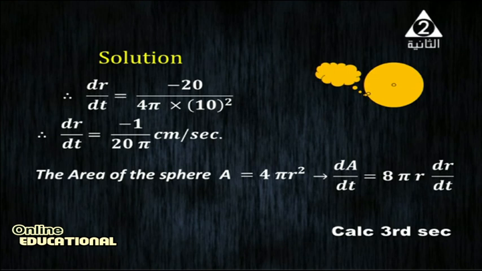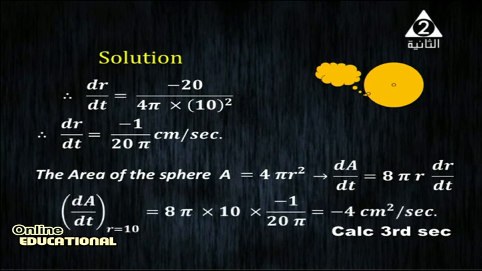The derivative of r² with respect to time t equals 2r dr/dt. Then dA/dt equals 8π r dr/dt. Now dA/dt at r equals 10 centimeter equals 8π multiplied by 10 multiplied by the rate of change of r with respect to the time t, which is negative 1/(20π). Then dA/dt at r equals 10 equals negative 4 centimeter squared per second.